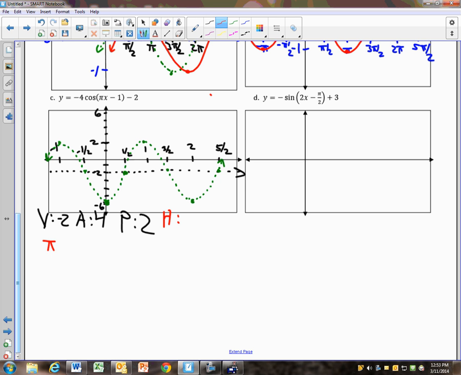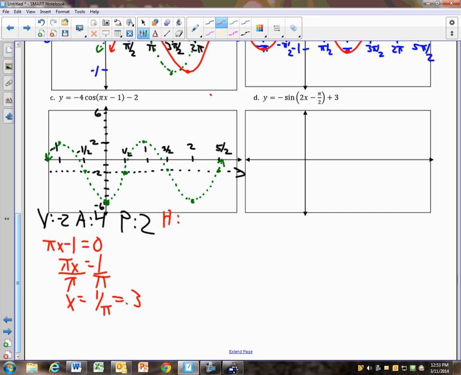Horizontal shift, we take pi x minus 1 and set it equal to 0. How do I solve for that? Add 1, pi x equals 1, divide both sides by pi. X is 1 over pi. Your tick marks for your period, are they in terms of pi or are they decimal? Decimal. So let's make our horizontal shift a decimal.